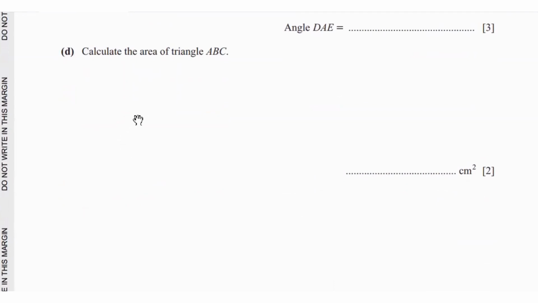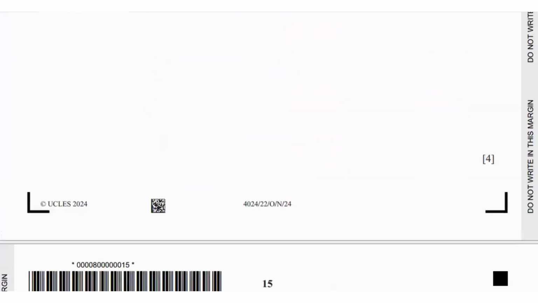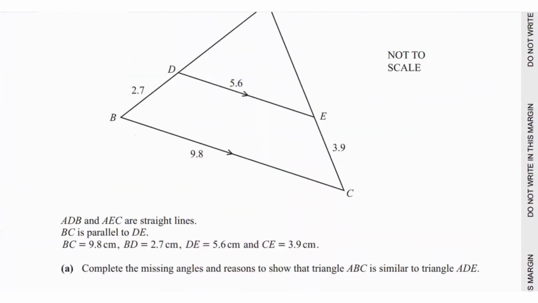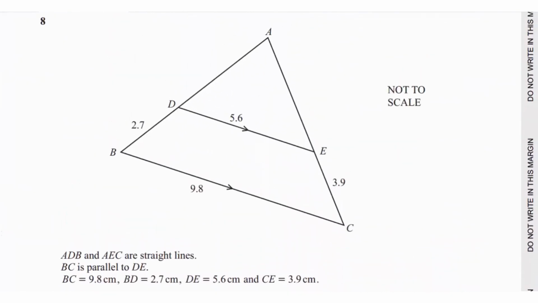Let's now calculate the area of the triangle ABC. We have this angle 76.7.